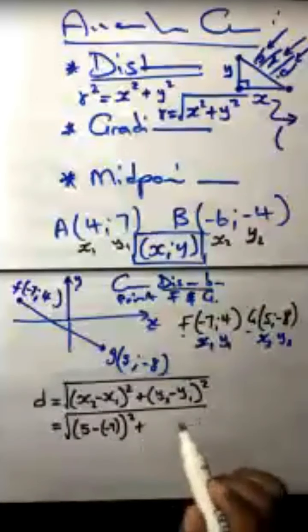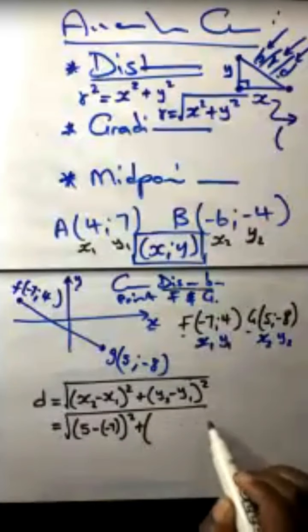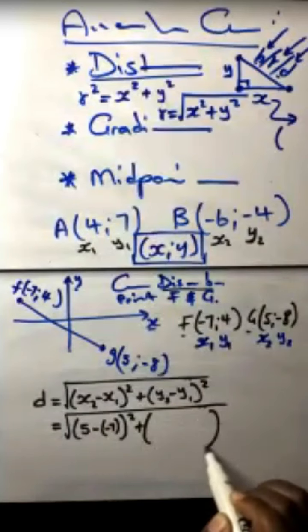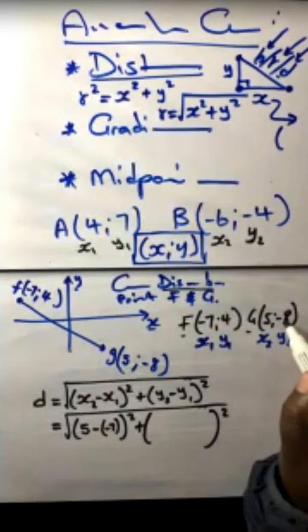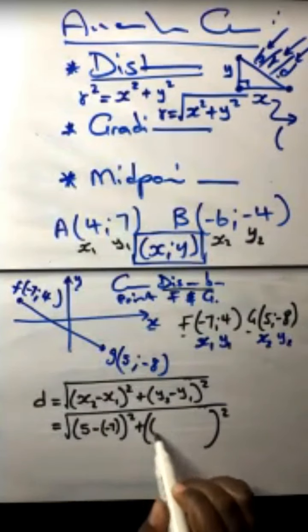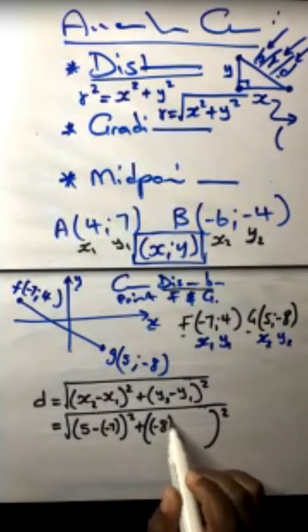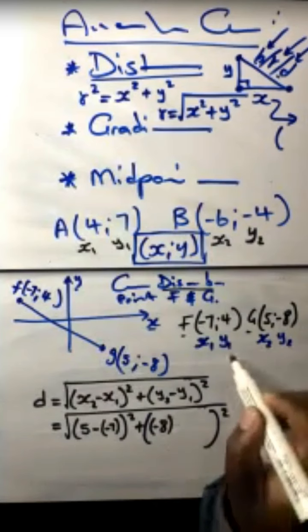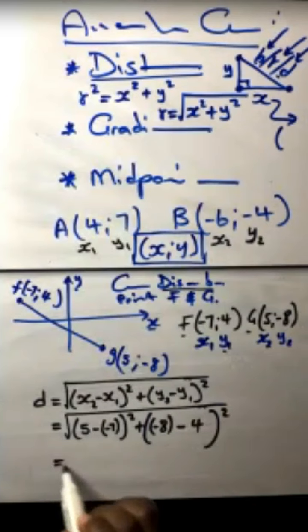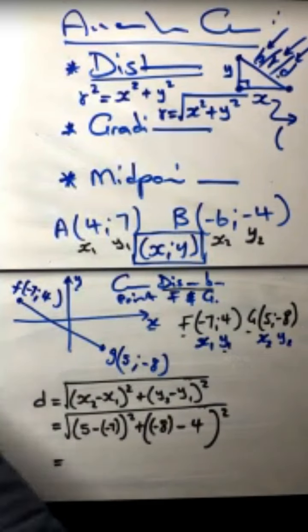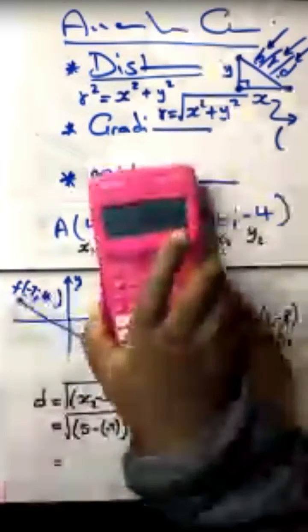So normally what I do, so that you don't make a mistake, you can just do that and then substitute everything inside. So let's see, what is our y2? Because it's a negative, we open another bracket and put in -8 over there. Our y1, you just minus a 4. Then you punch all of this on a calculator. Then from there, that's how you get the value of your distance.